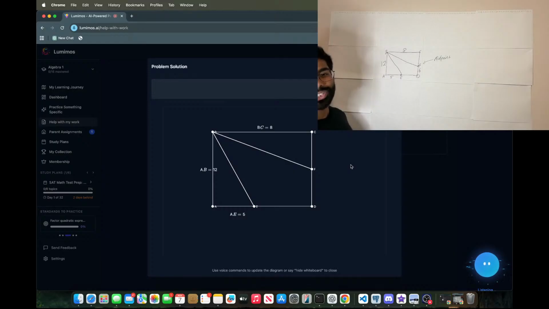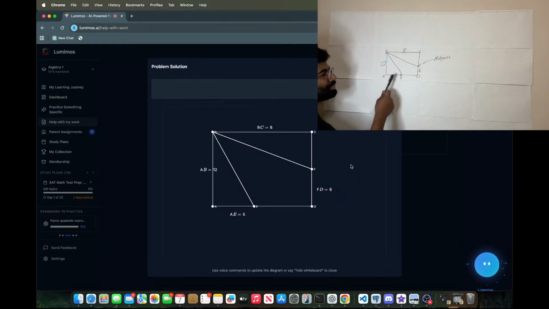Wait, just out of curiosity, can you mark FD on the diagram as 6? There you go. FD equals 6 is now marked on the diagram. Now, can you figure out DE? Oh, yeah, okay.